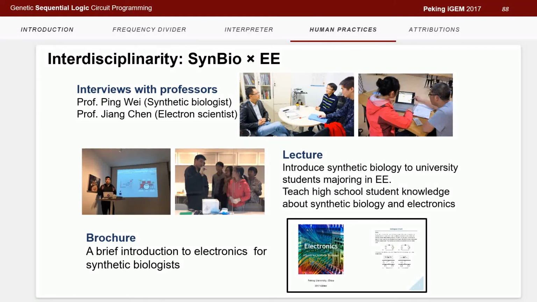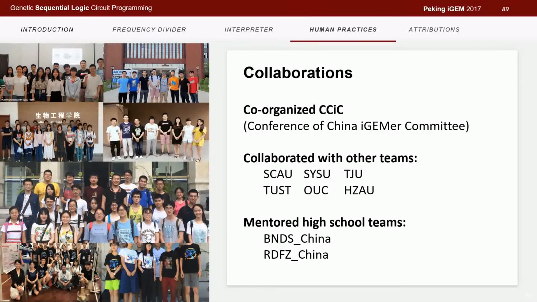We also wrote a brochure to provide a brief introduction to electronics for synthetic biology. This year, we co-organized CCIC, a special event for iGEM teams in China. We also interacted with several undergraduate and high school teams on academic issues, project discussion, and laboratory techniques.